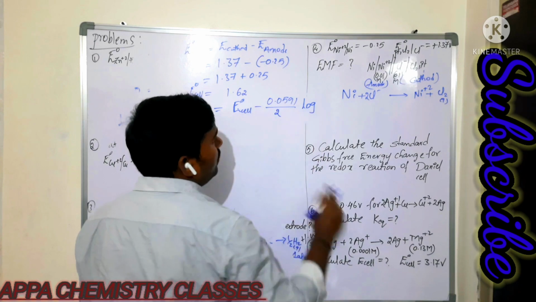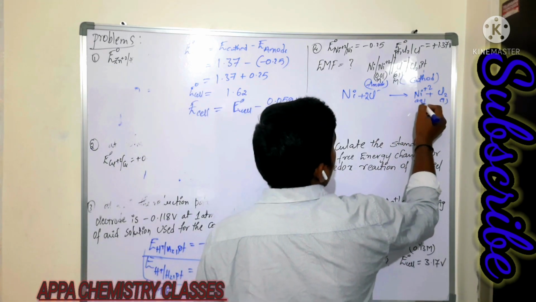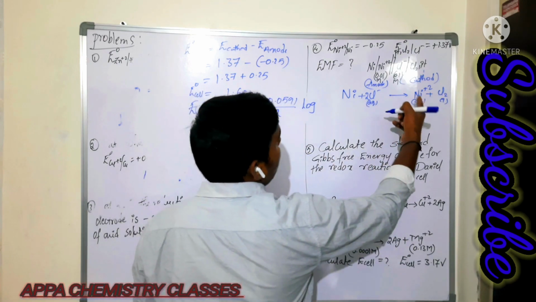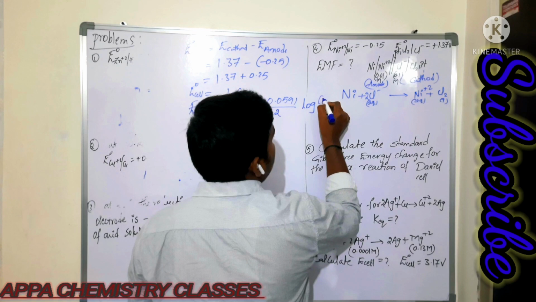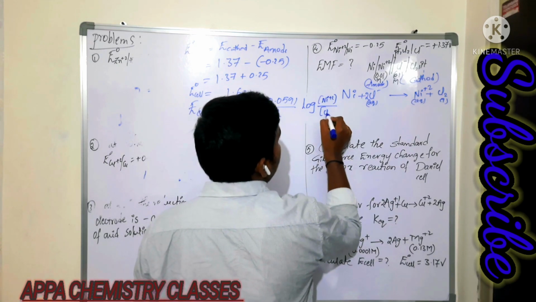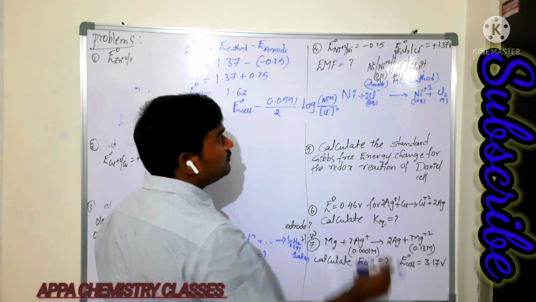So log of concentration of product, that is concentration of nickel by concentration of chloride ion. Concentration of nickel plus 2 by concentration of chloride ion power 2, because its coefficient is 2.